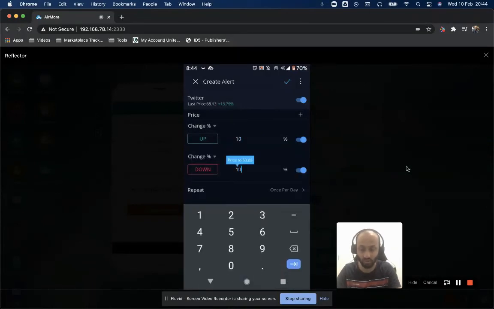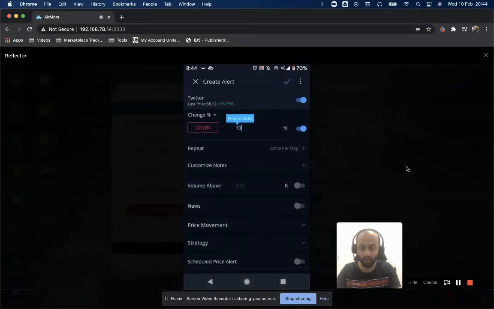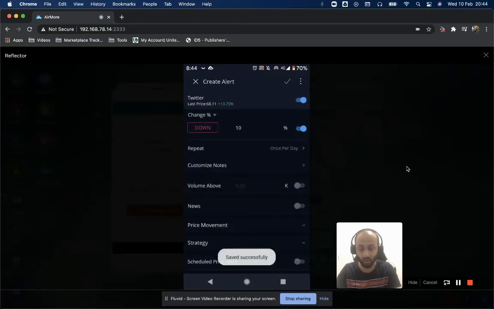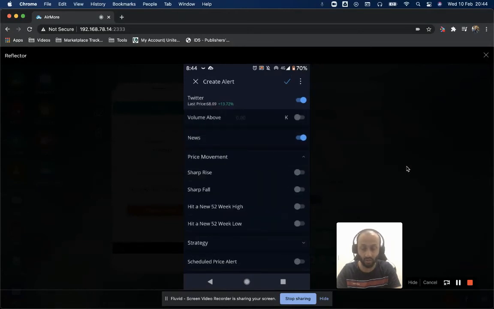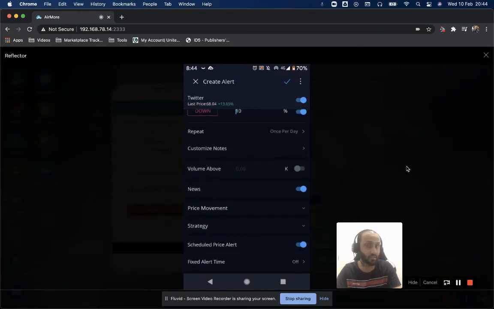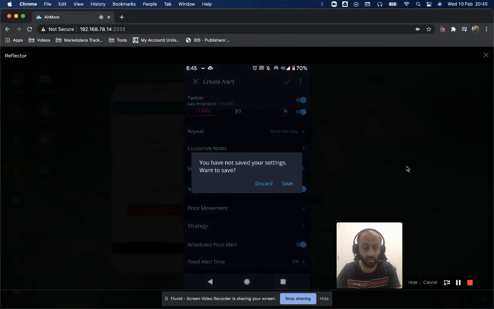You can put those alerts in here, and then you can put in customized notes, like, hey, the price moves up, I need to buy, or something. You can also get alerts on the news for this stock. You can get alerts on price movements, or you can even get scheduled price alerts at specific times. So it's a really good way to stay disciplined with your stocks and what's happening with them.